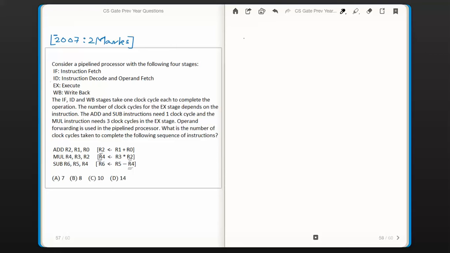So without operand forwarding, the clock cycle diagram would look like this. Let's say this is clock cycle 1, then clock cycle 2, clock cycle 3, like that. These are the clock cycles.